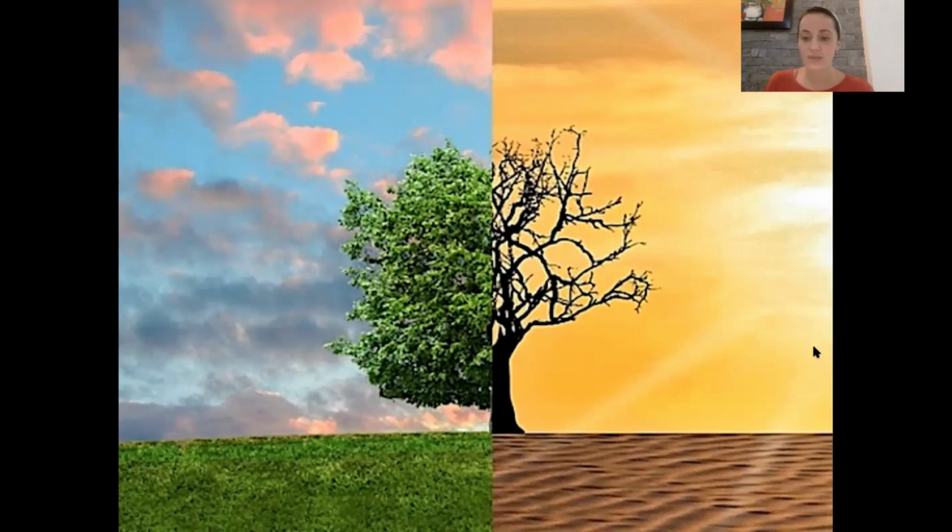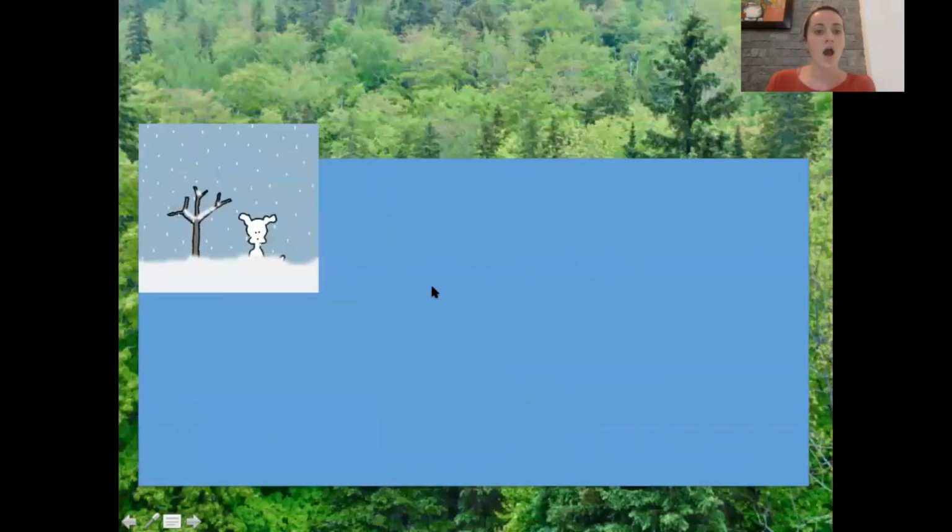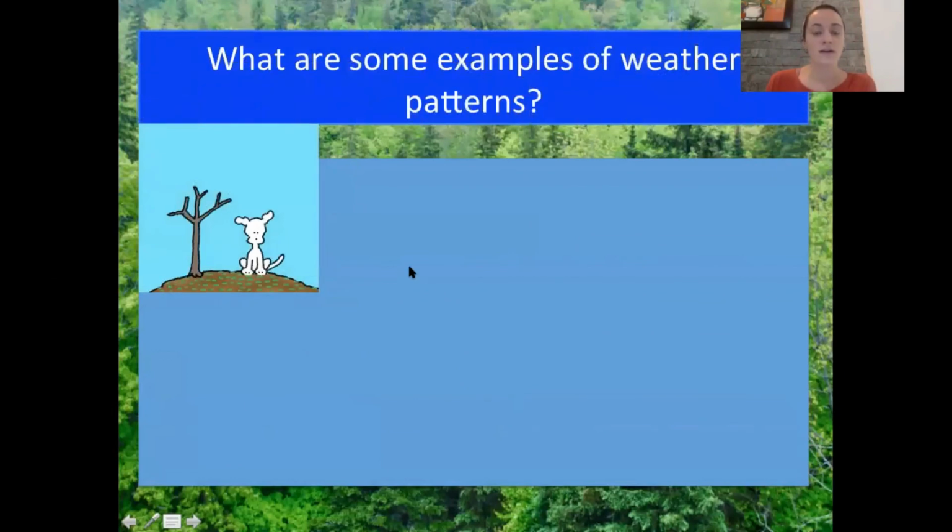No, right? They should plant it when there's rain, right? So we need to know the weather patterns so that the farmers don't plant when there's floods, when there's too much rain. All right, so weather patterns are like when the seasons change.